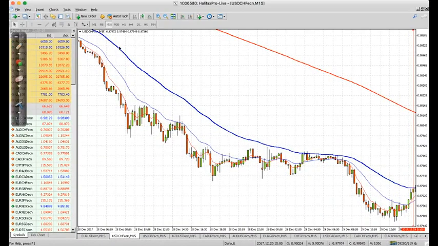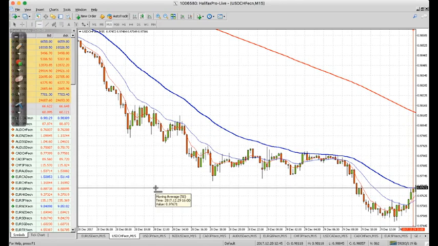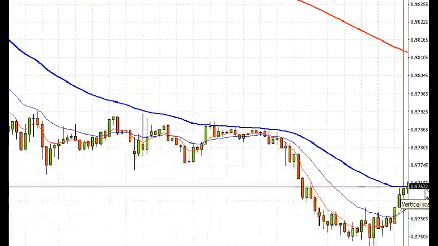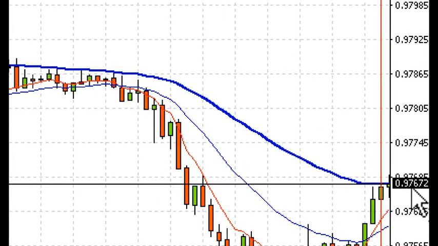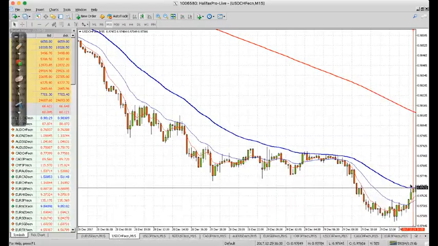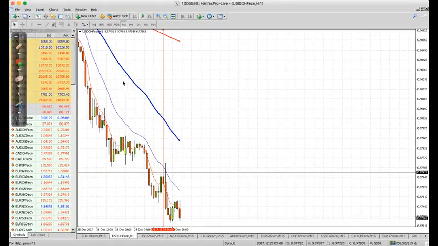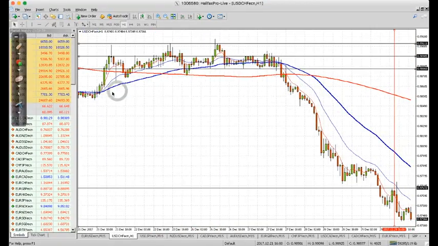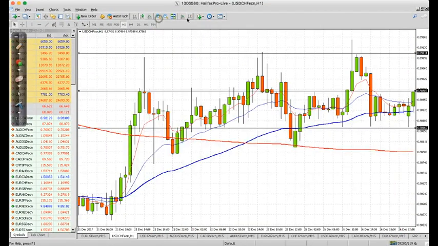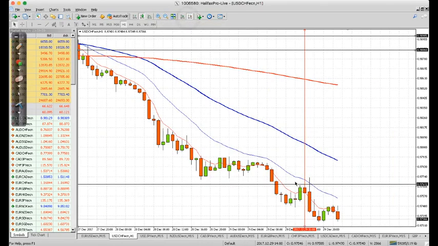Okay? And say I intend to enter right there. I want to enter the market at 9767. I want to do a sell, okay? Because it's on a downtrend. So what I do is I will then click on my hourly candle and ensure that on the hourly candles, it is also on a downtrend. All right?